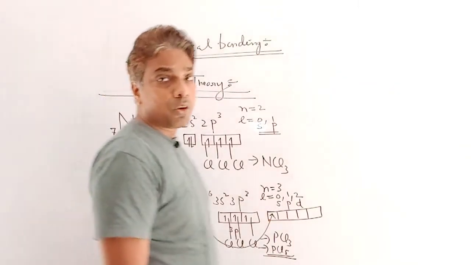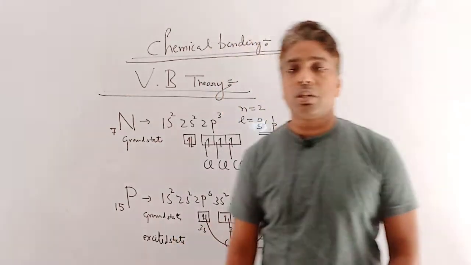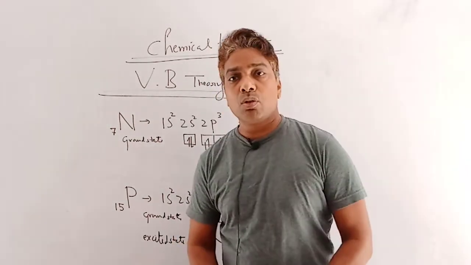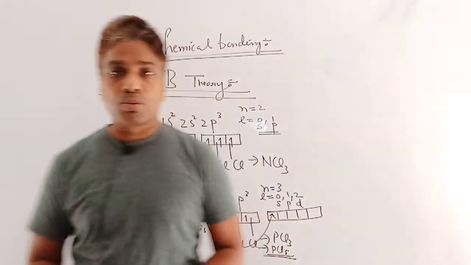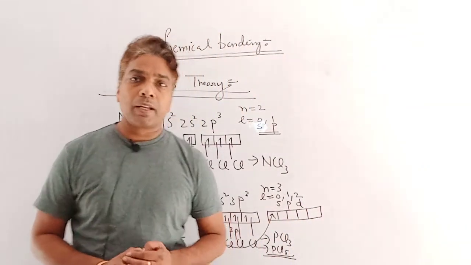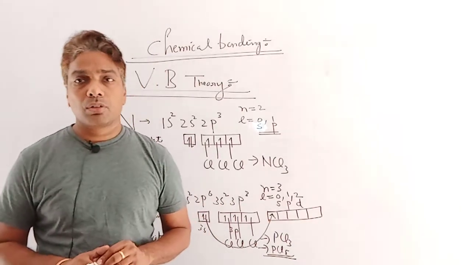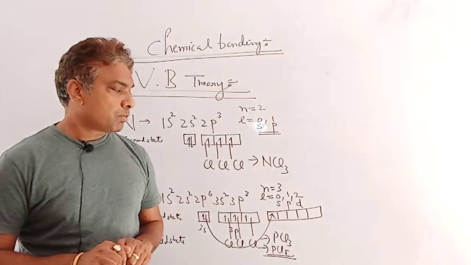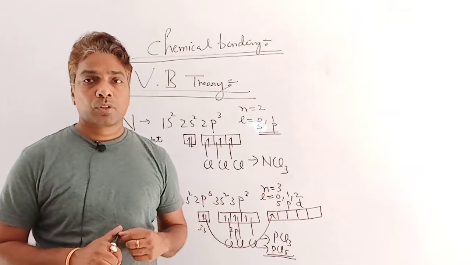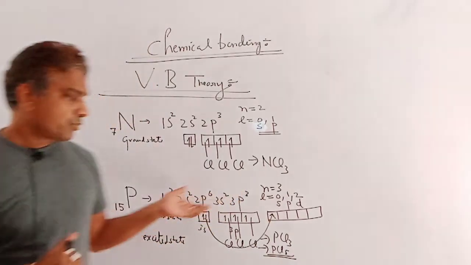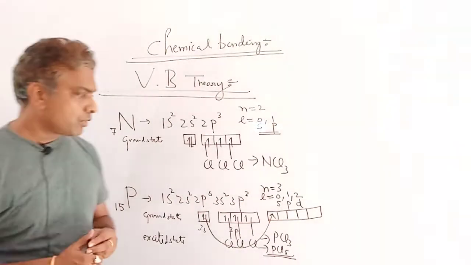PCl5, which is formed in the first excited state of phosphorus, doesn't obey the octet rule, since it is an electron rich molecule, while NCl3 as well as PCl3 both obey the octet rule, since both are formed in the ground state of the atom. Clear? So this is the valence bond theory for the existence of molecules.